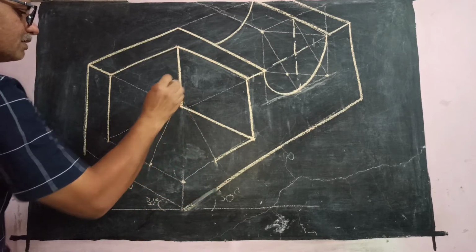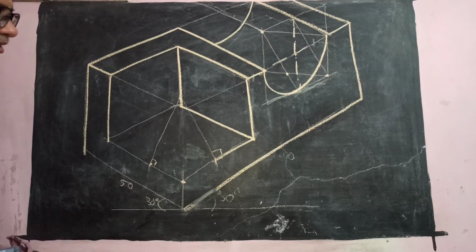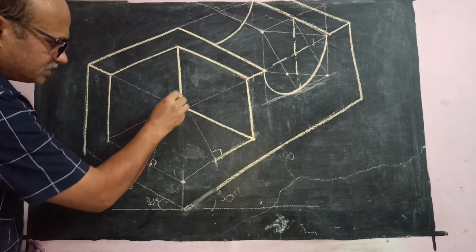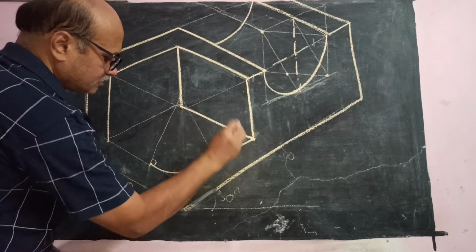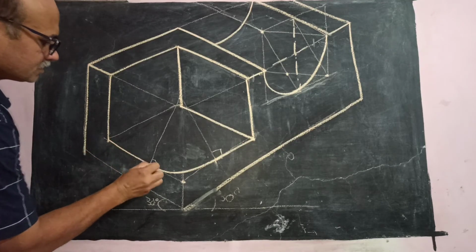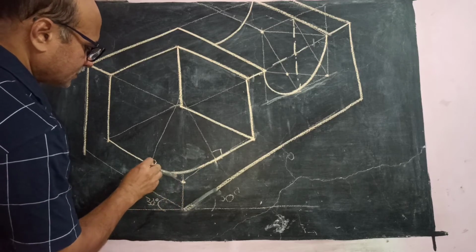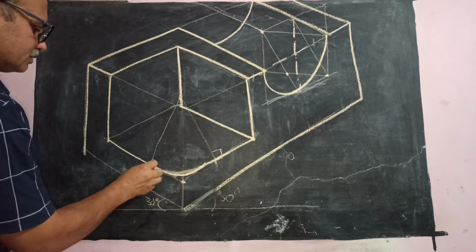So whenever they are meeting, this angle should be 90 degrees. So that intersection point is to be taken as center, and this much as radius you can mark this. Okay, so this is round. You can mark this as round surface.